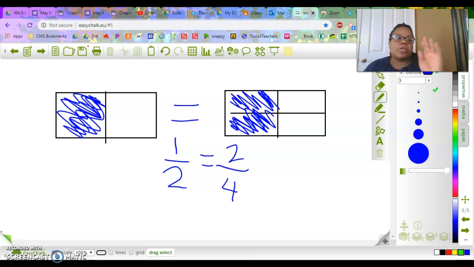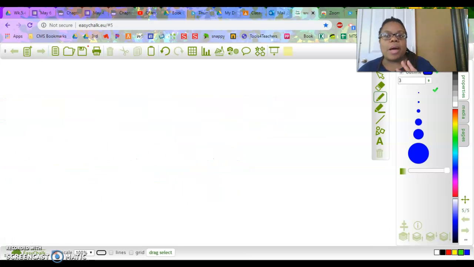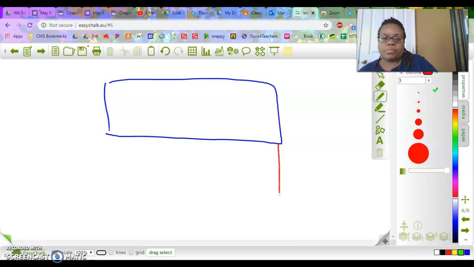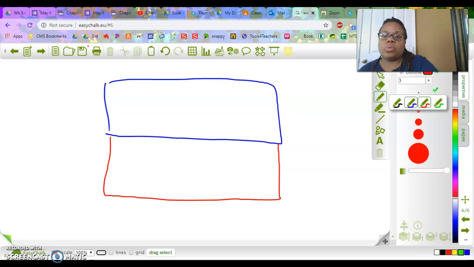I could have also gone in on my own paper to draw my own set of boxes. And now that I have those 2 boxes, this first one I would split into the 1/2.